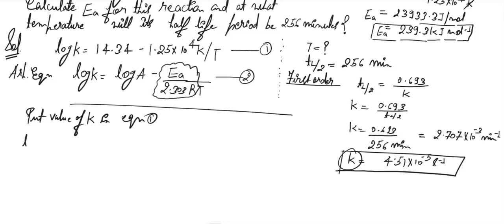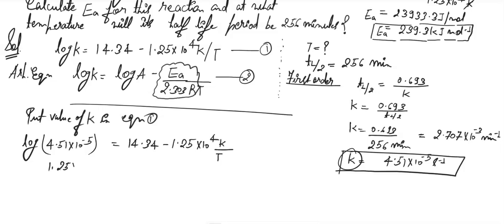So this will be log of 4.51 × 10^-5 equals 14.34 minus 1.25 × 10^4 K upon T. Now we need to find the term 1.25 × 10^4 K upon T.